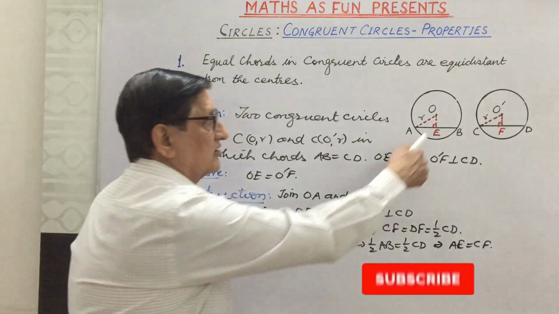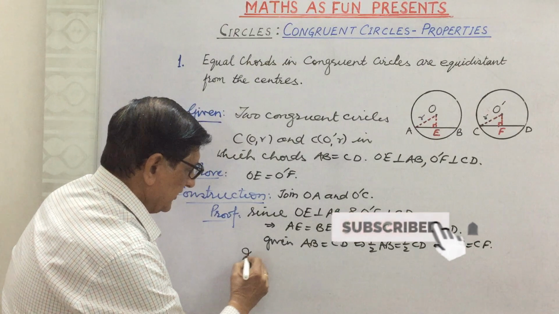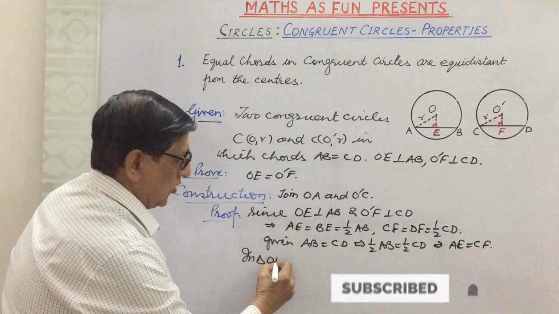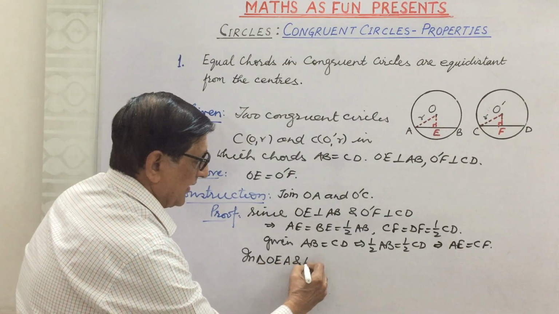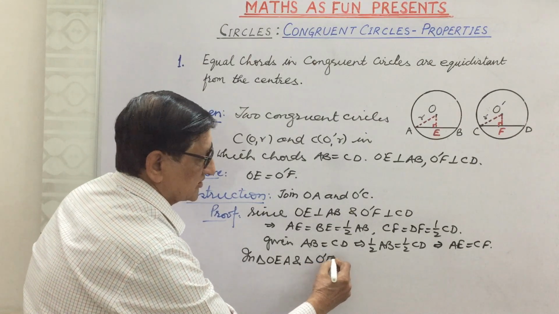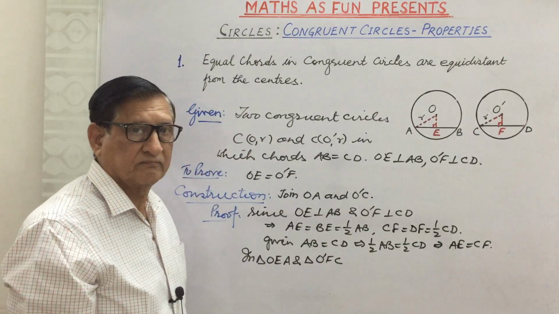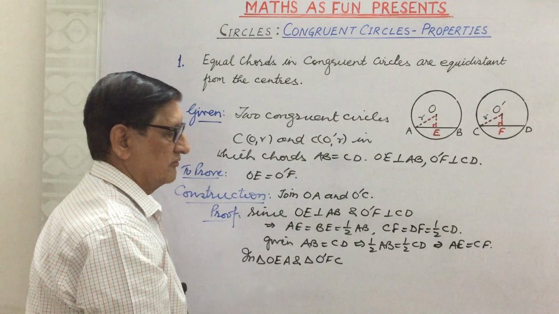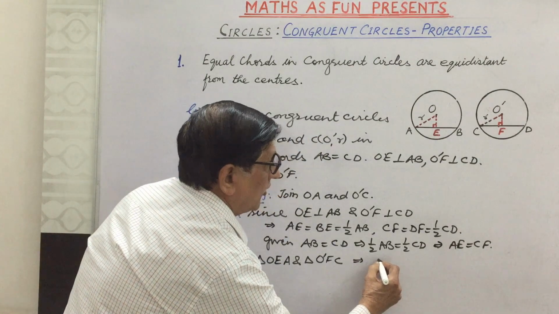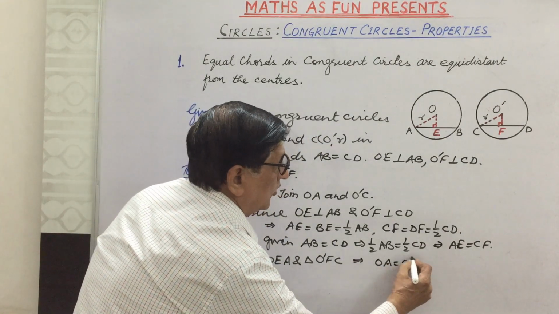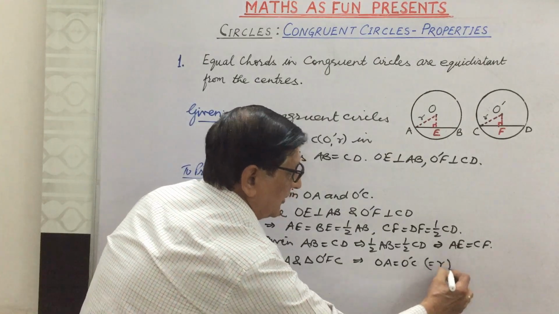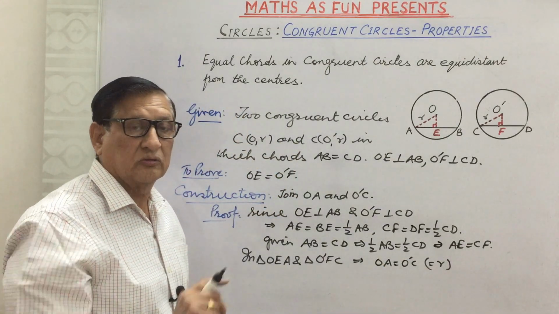And now we can take these two triangles. In triangle OEA and triangle O dash FC, what do we find? We are having OA is equal to O dash C because both are the radii of the congruent circles.